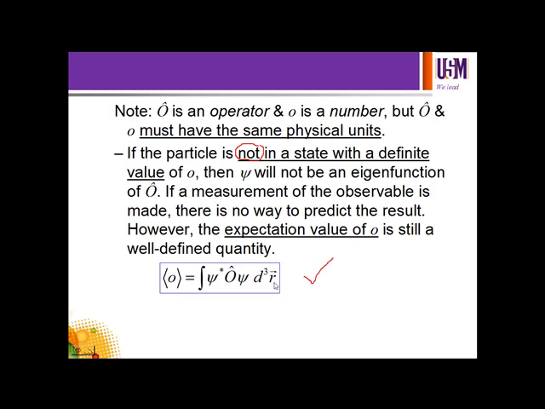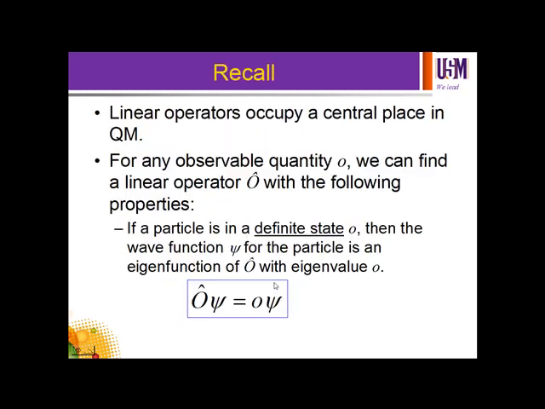So you have two cases. If you know the exact or expect O to be in a specific, definite state, then you have this relationship. Basically, this relationship relates the observable value o, that is the eigenvalue, with the operator capital O with the hat.